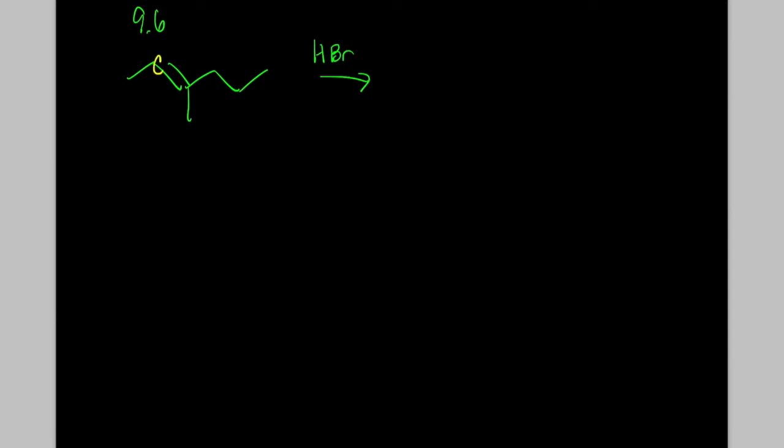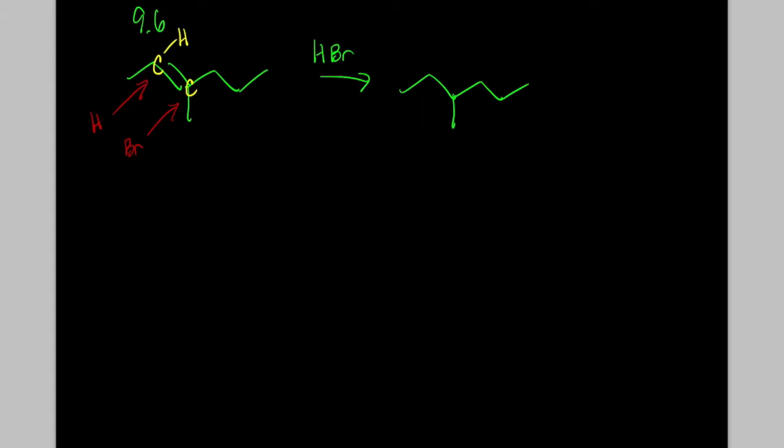Step 1, draw your carbons, draw any hydrogens, figure out where the hydrogen goes and where the bromine goes, okay? So hydrogen goes here, bromine goes here. So in the product then, just draw a line drawing. Don't draw any wedges and dashes yet, okay?